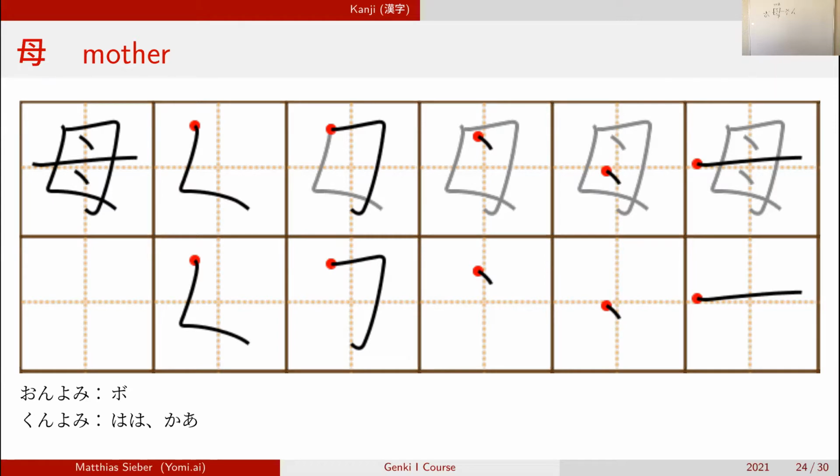Another compound kanji that I want to show you is bogo, which is mother tongue. So we have mother here, and it's not tongue, but language. So this is bogo, mother tongue.